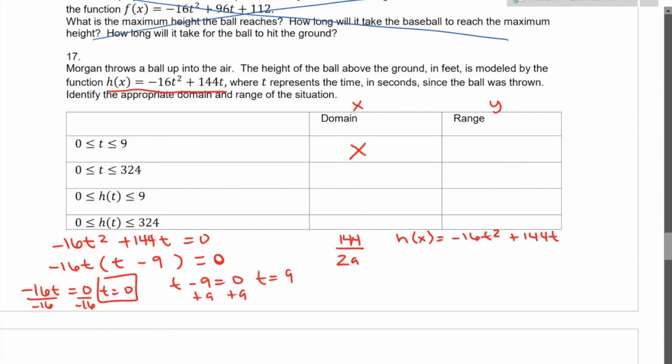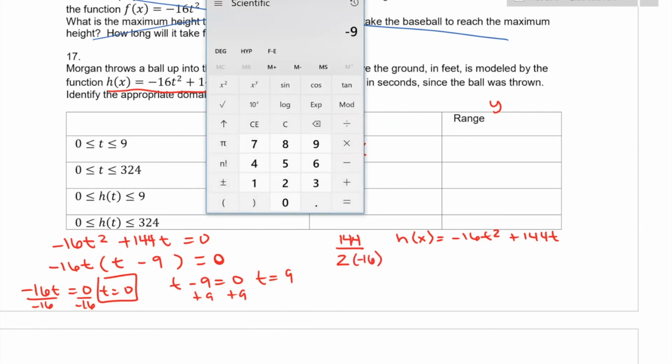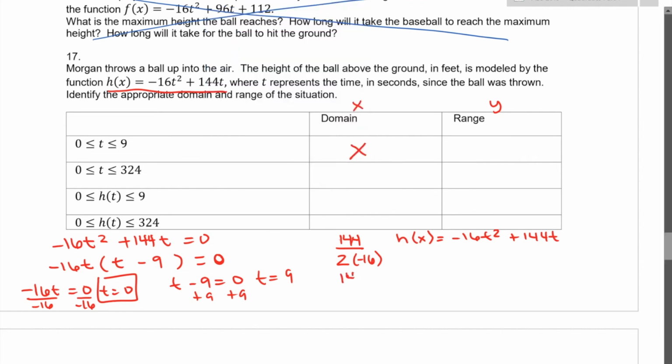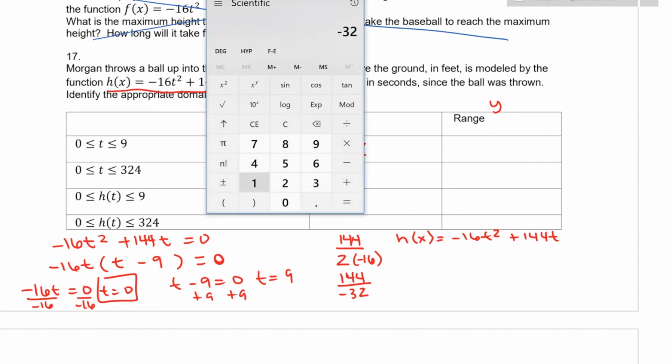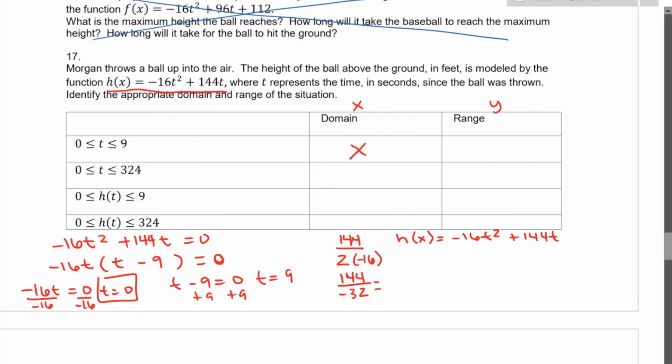Instead of the a, it's going to be negative 16. Okay, so basically what this is saying is 2 times negative 16 is negative 32. So it's 144 divided by negative 32. And that answer is negative 4.5.